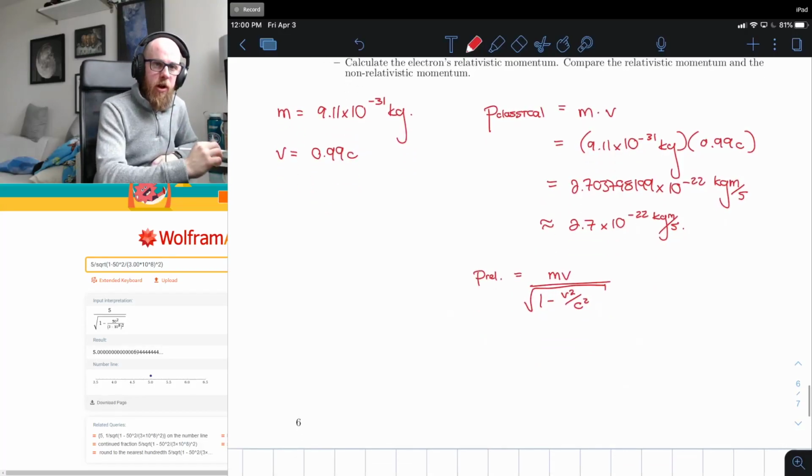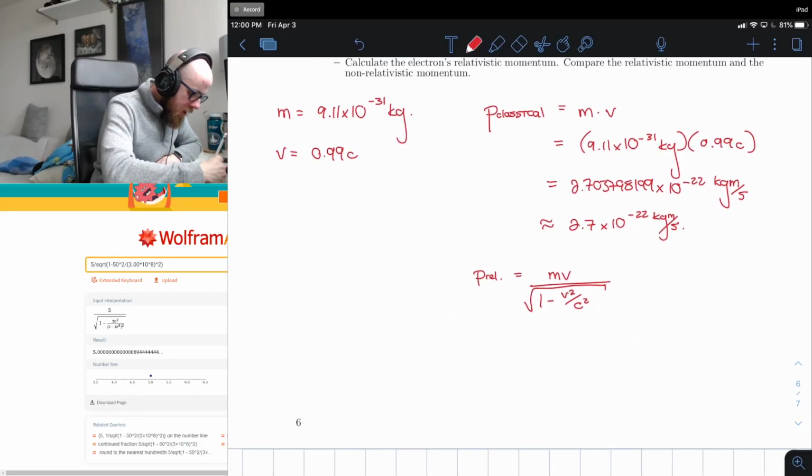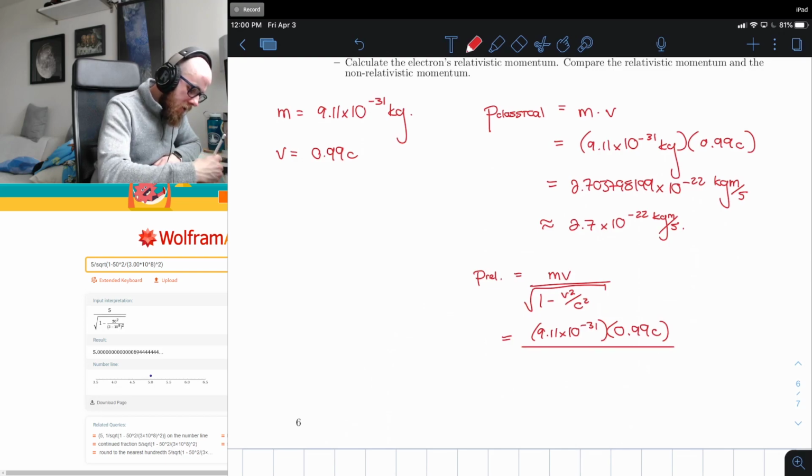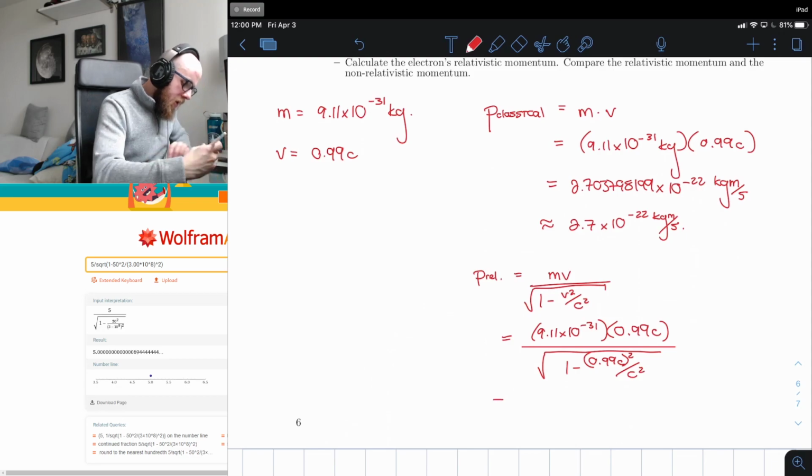So same idea. Let's plug in all the things here and see what we get. So we have m, which is 9.11 times 10 to the negative 31. v is 0.99 c. So there's our classical momentum. But then we have to divide by this factor here. So 1 minus 0.99 c squared over c squared. Let's see what we get.